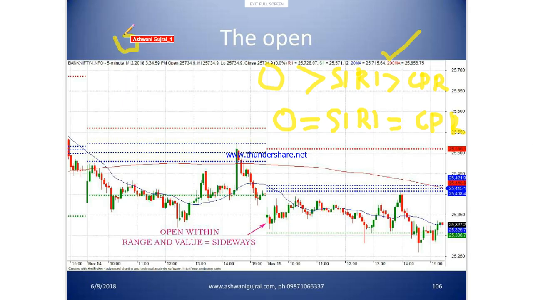If open is outside CPR, which means either above or below, but inside S1 R1, then the market will start range bound, but during the day it may take S1 R1 out and start to trend.